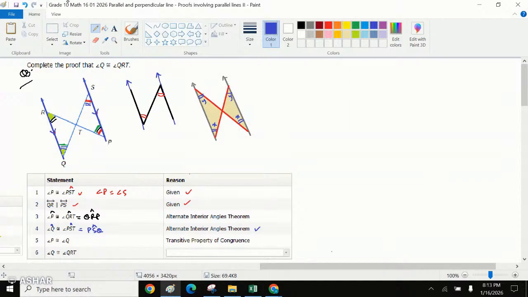So what they're saying over here is angle Q, let's highlight angle Q and QRT. Where is QRT and this angle, right? So whenever these two angles are the same, if they had the same value, what do we call them? They were transitive property of congruence, like the statement number 5.